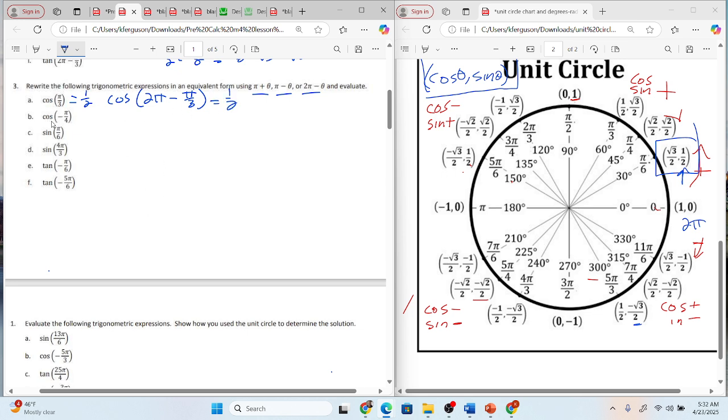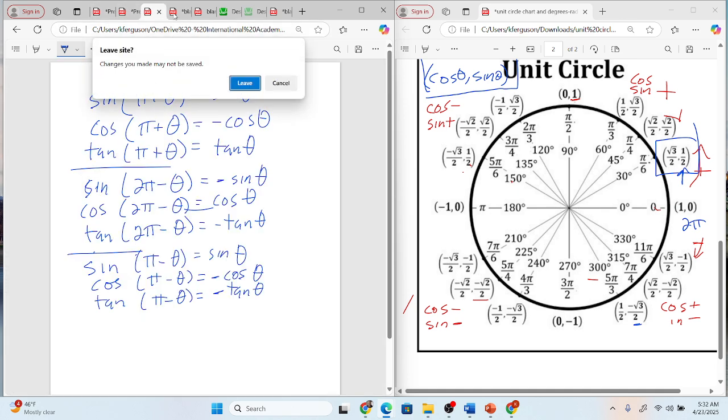So now let's look at cosine of negative pi over 4. Well, there's a couple ways we could do it. We could go back to one of these.